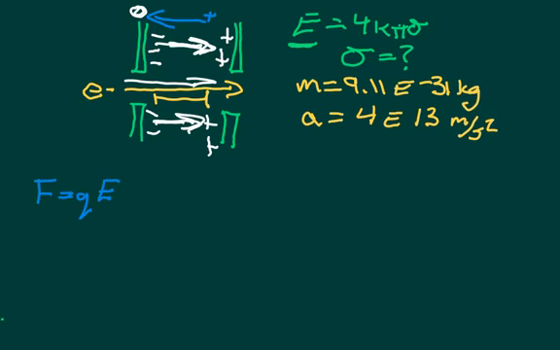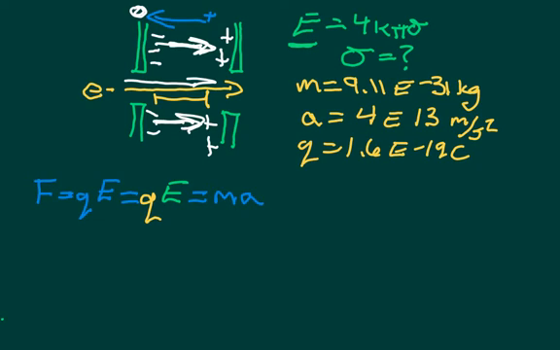So we can rewrite this then as Q on an electron, which we know is 1.6 times 10 to the negative 19th coulombs, times E, the electric field from parallel plates, and that's going to be the mass times the acceleration. And we're going to expand this out just a little bit. I'm going to pick a brand new color so we can rewrite it all together. It's going to be red.